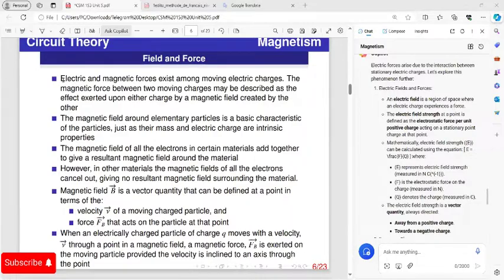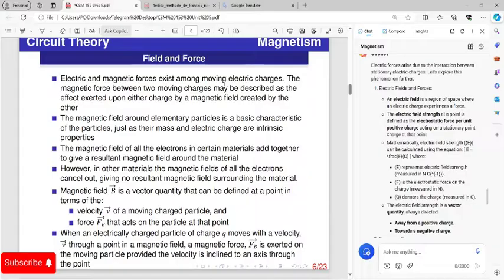It says electric and magnetic forces exist among moving electric charges. So anytime there's a movement of electric charges, both electric forces and magnetic forces exist among those charges.